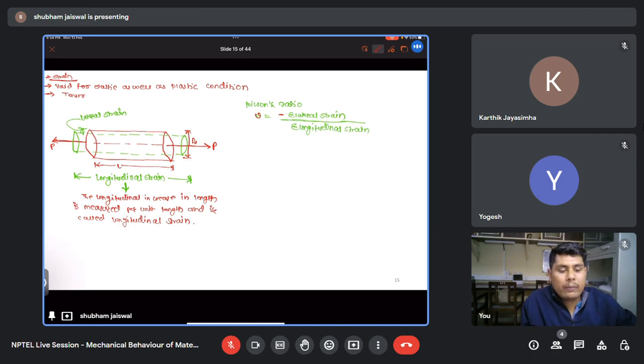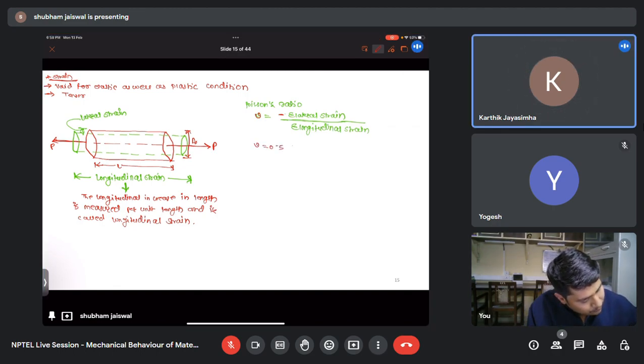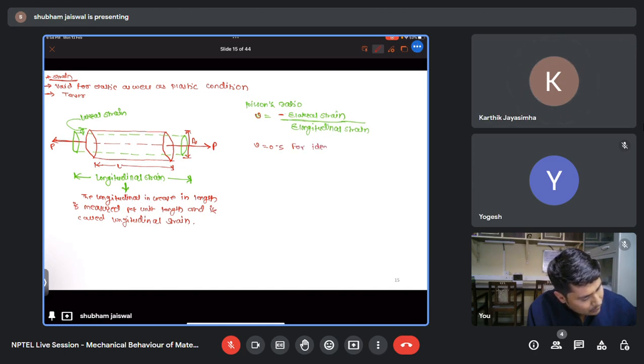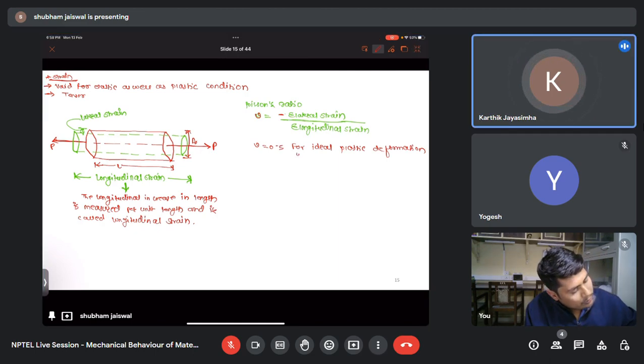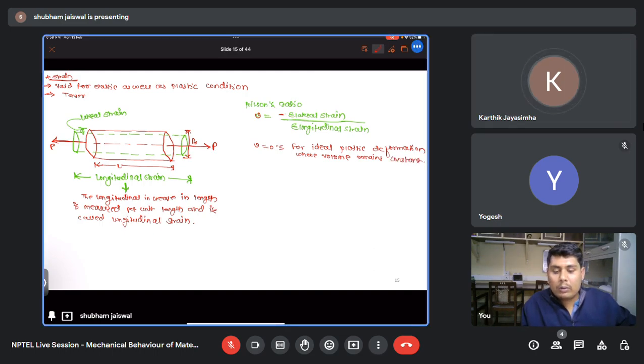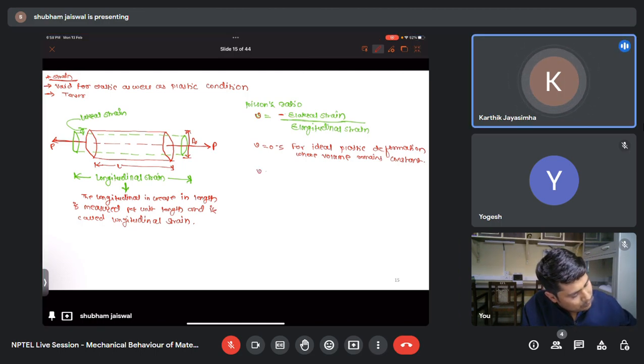And for the ideal plastic deformation, what is the value of mu? 0.5. 0.5 for ideal plastic deformation. And what is the criterion? That is where the volume remains the same. And for most materials, the mu value is in the range of 0.25 to 0.3.